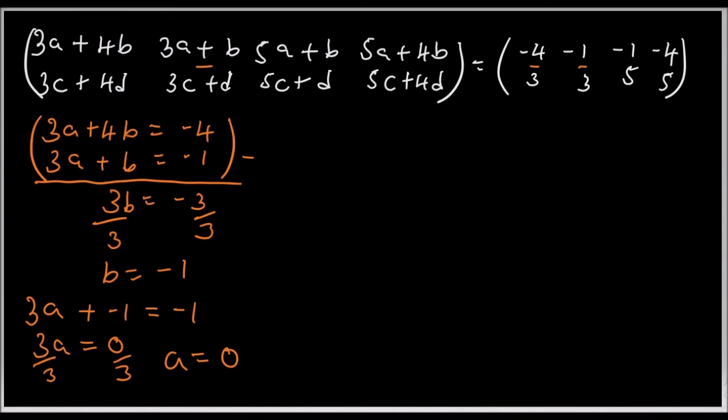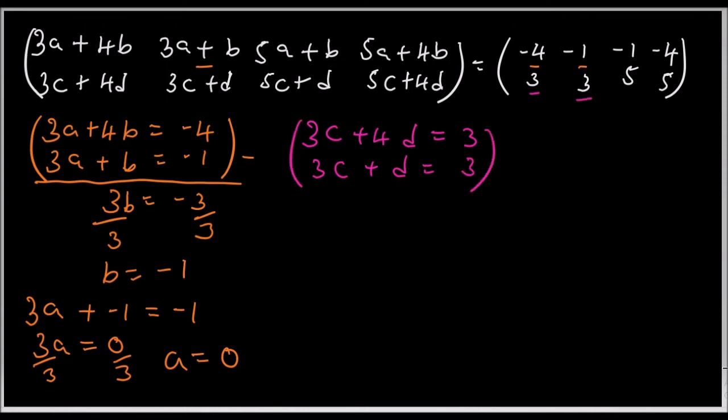Again, we come to the second row. We say that 3C plus 4D equals the corresponding element, which is 3. Then we have 3C plus D equals the corresponding element, which is 3.